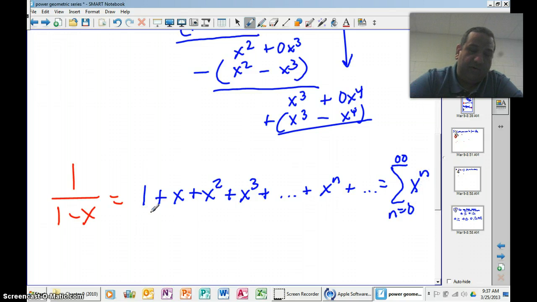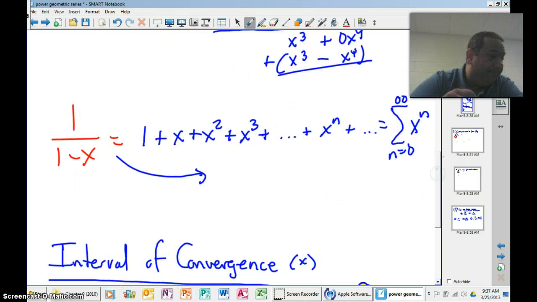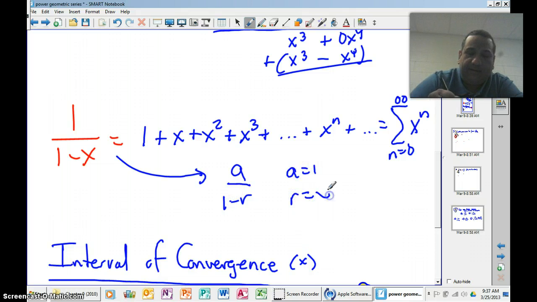If you look, that's 0 term, 1st term, 2nd term, 3rd term, so I can generalize it like this. This is a over 1 minus r, where a is equal to 1, r is equal to x. Now, in all the other problems, r was equal to a number. Now we have it equal to x.